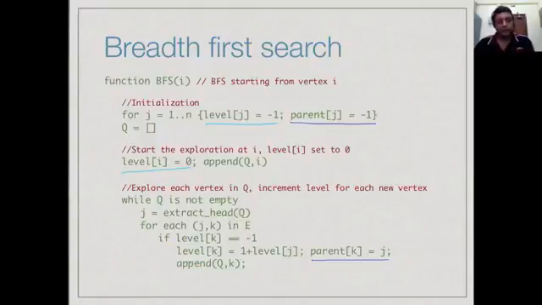So if its level is -1, it means it's not visited. Level -1 means not visited. This is the same as visited k is 0 in our earlier version. And if so, we set the level of k to be 1 more than the level of j from which it was visited. And of course, we set the parent as before.